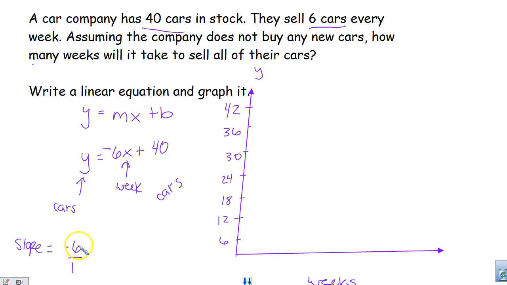So my slope is -6 over 1. So what do I want my weeks to go up by? Increments of 1, right? 1, 2, 3, 4, 5, 6, and 7 I'm going to do.